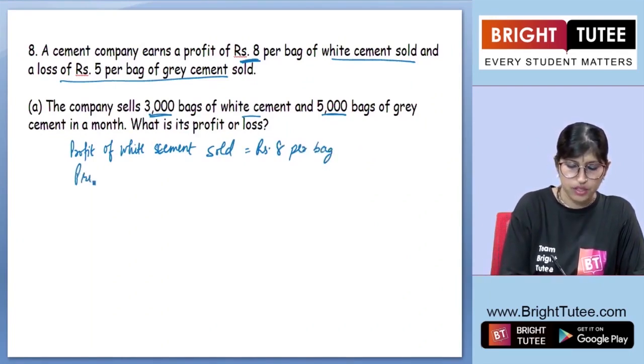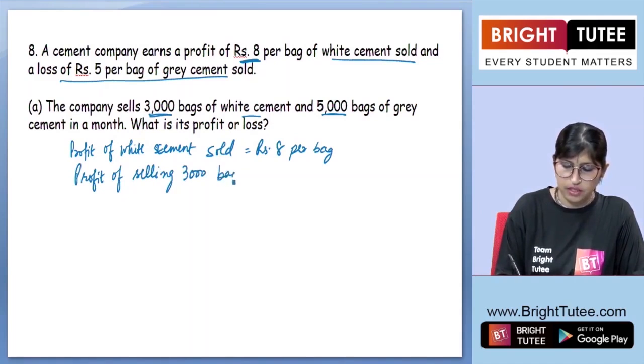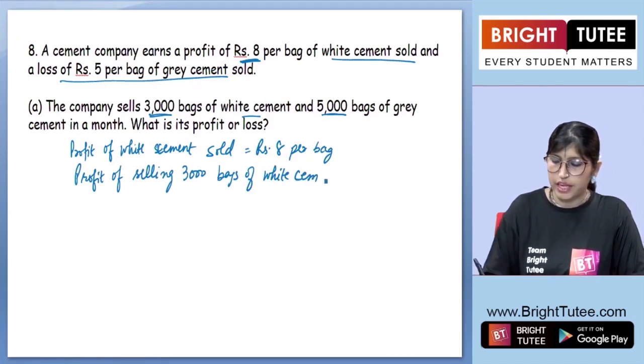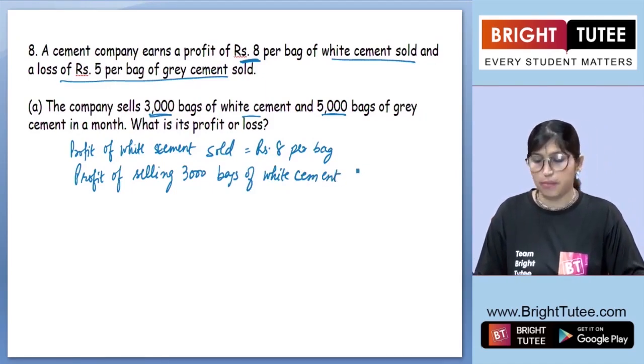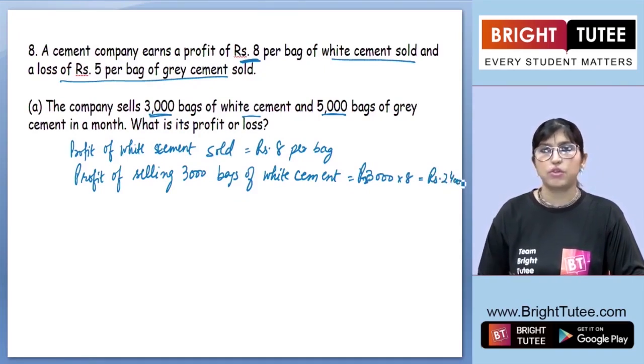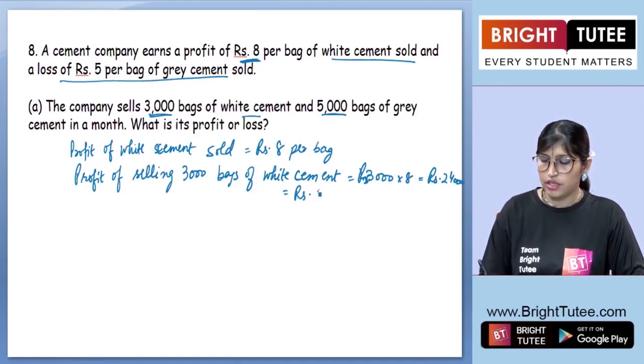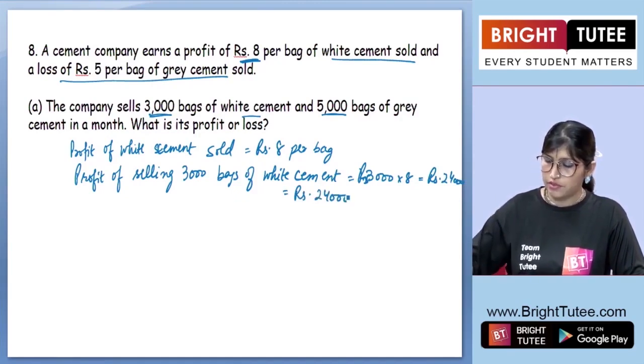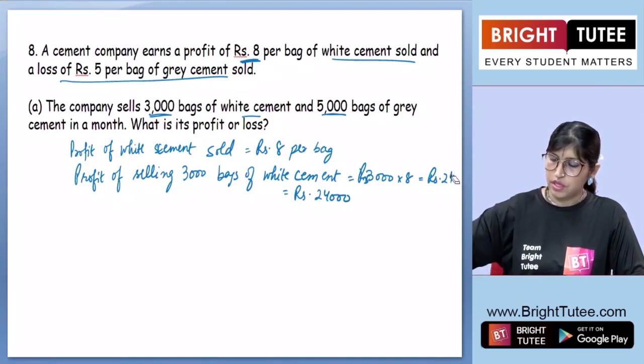Now the profit of selling 3,000 bags of white cement: if profit is 8 rupees for one bag, then for 3,000 bags, the profit will be 3,000 times 8, which will be 24,000. So 24,000 will be the profit which we have.